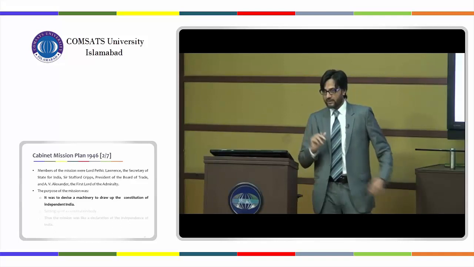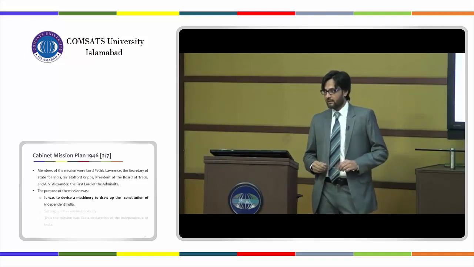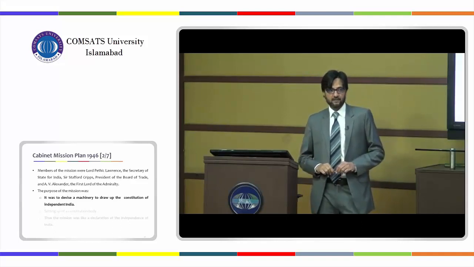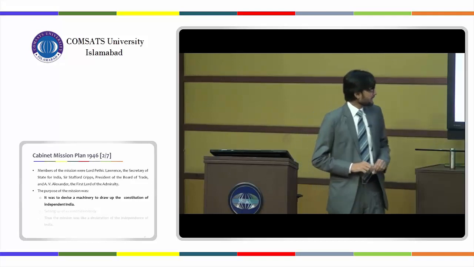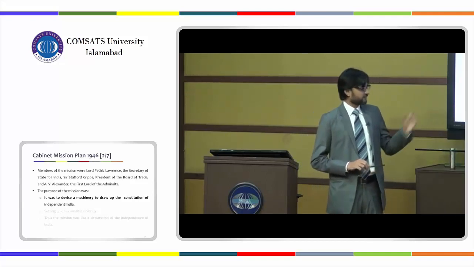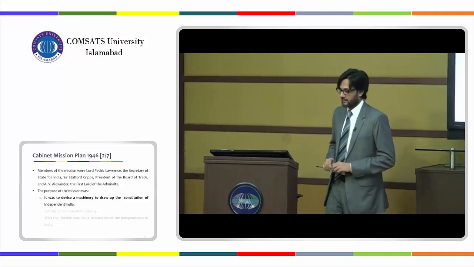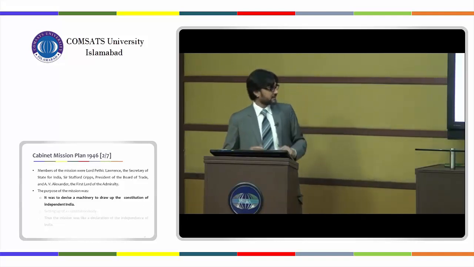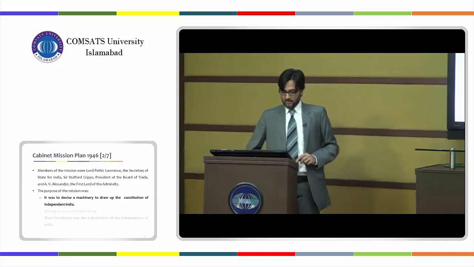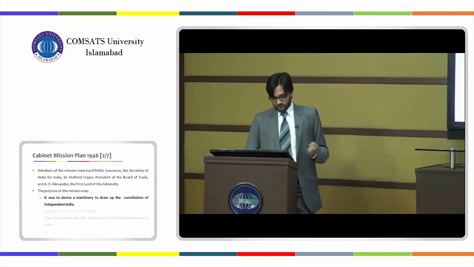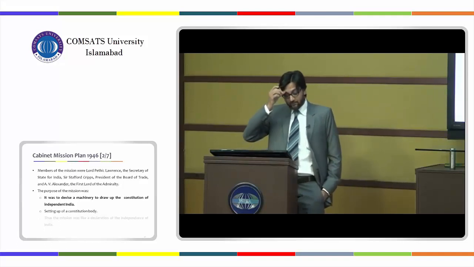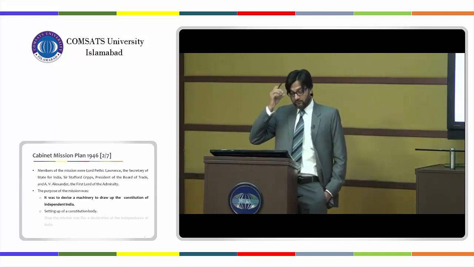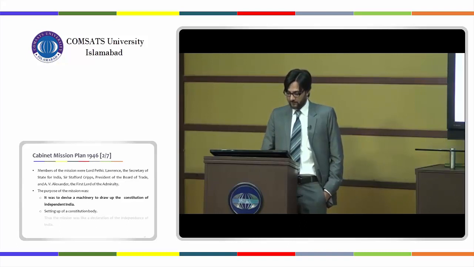And now if they want to give independence to India, what would be the sketch of that independent India? They were somehow drawing that sketch of independent India. The second objective was the setting up of a constitution-making body for the future India.